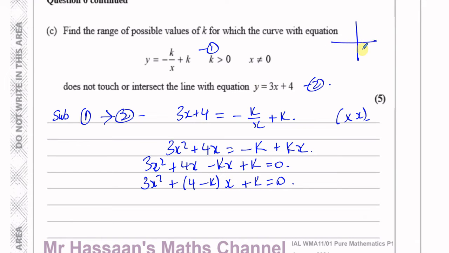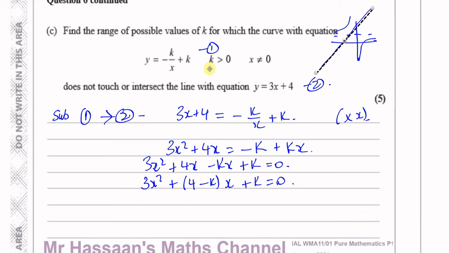So if we think about the graph that we just drew on the other side, it looks like this and like this. We're trying to find the values of a line which will... let me just draw the line like this. We're trying to find the range of values of k for which this line, 3x plus 4, will never meet that curve.